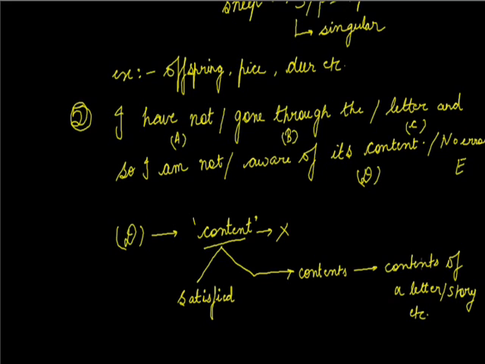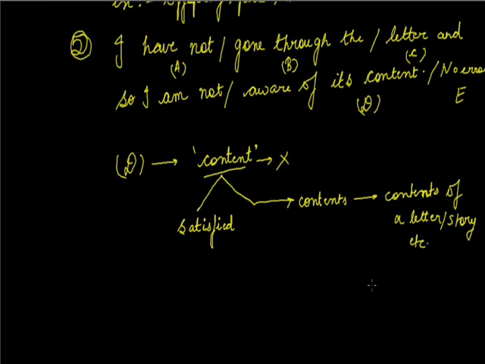Contents of a letter means the material which is used in a letter or a story. The matter of the story, letter, these are known as contents. So content word can't be used here because it means satisfied.